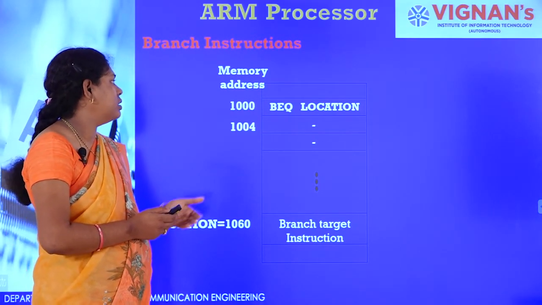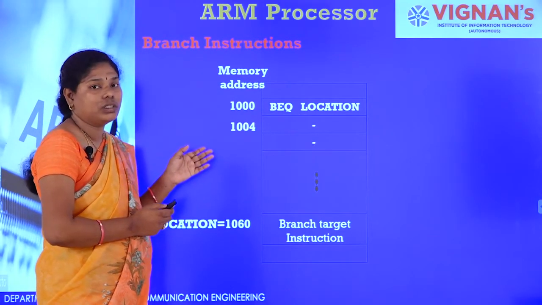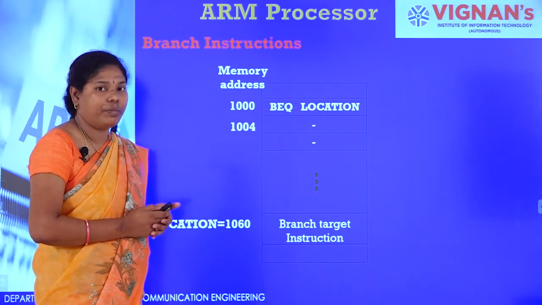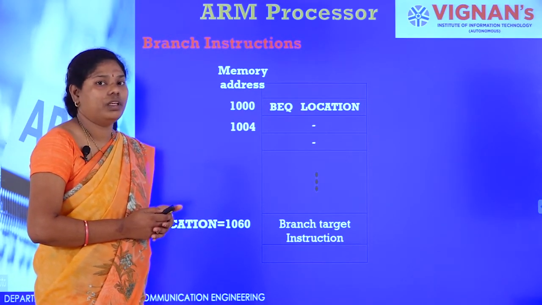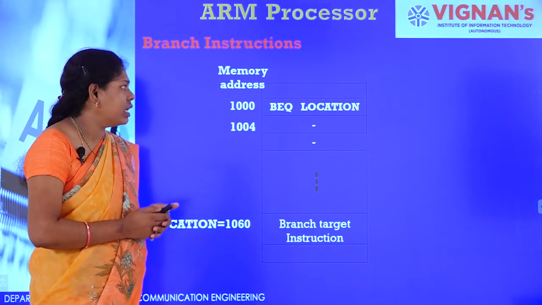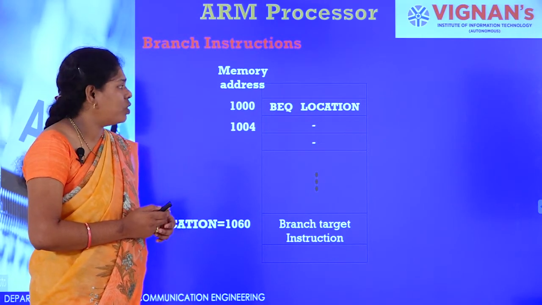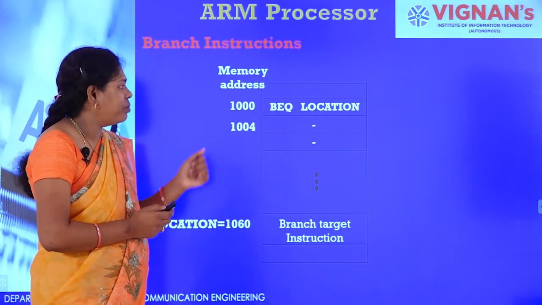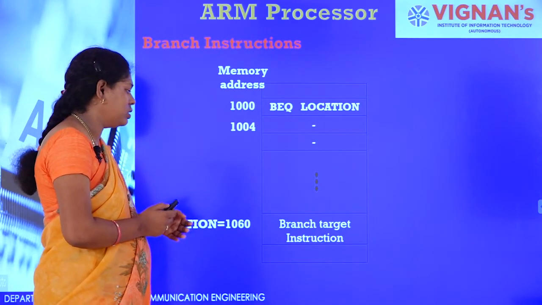Let us see, at memory address 1000 there is an instruction BEQ. BEQ is branch if equal. If it is equal, that is the condition is satisfied, it has to branch to the location specified by the instruction. Here the location is 1060.